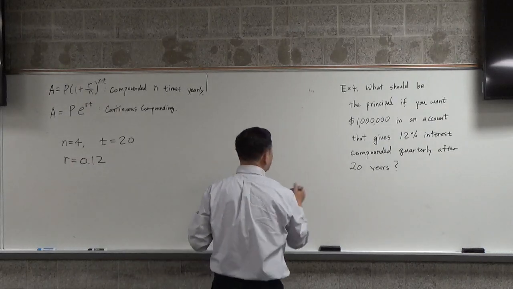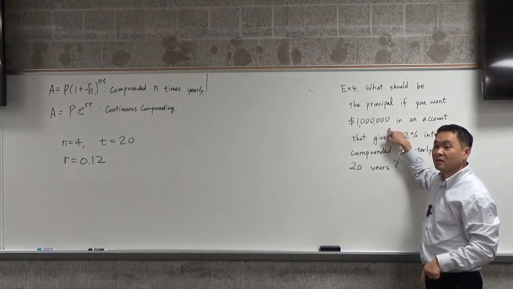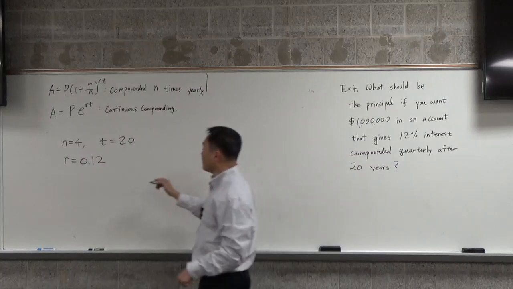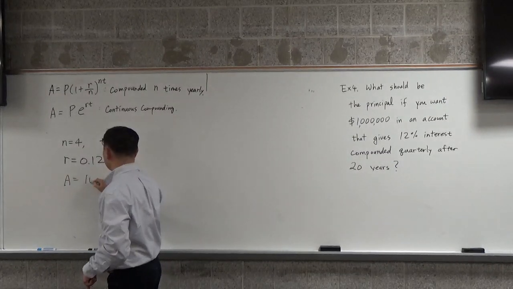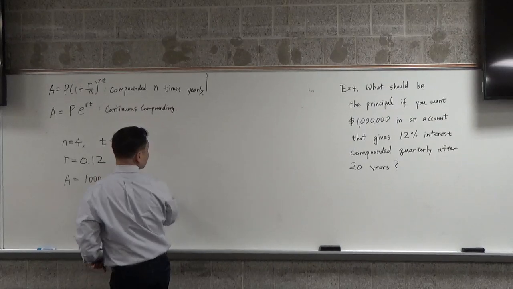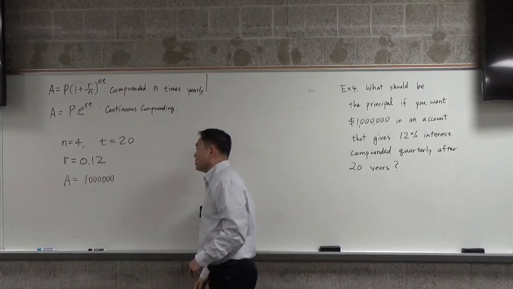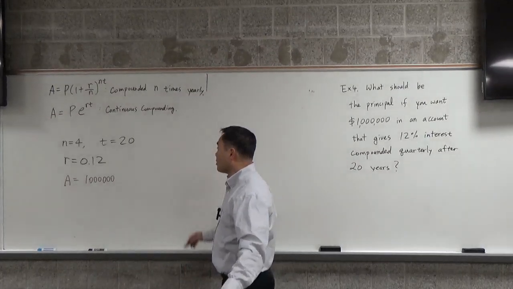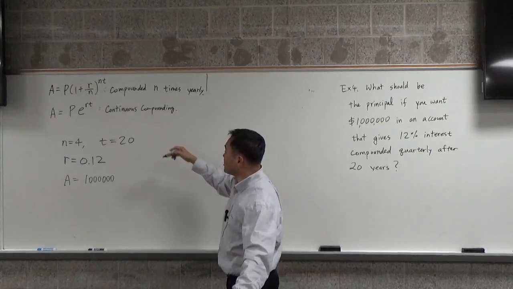And what is this? $1 million. What is that in the formula? A is the future value, right? A is future value. Okay. All right, so now we are going to solve this. Put all of these numbers in there.